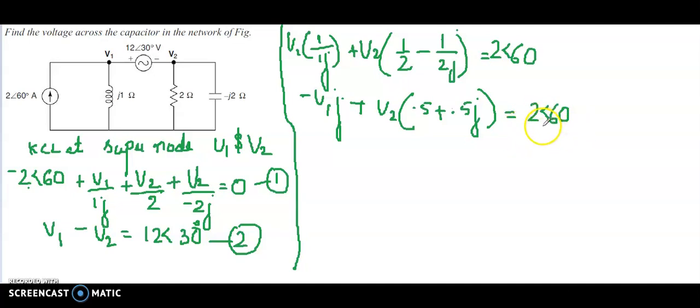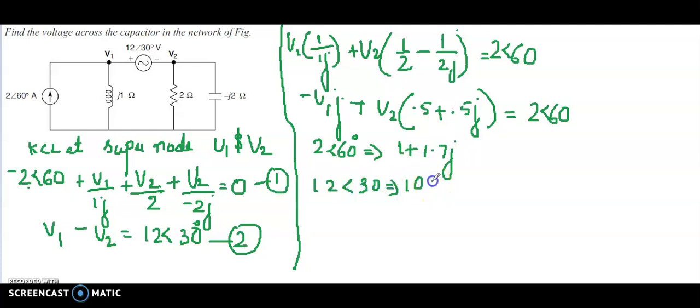So we can convert this 2 angle 60 and 12 angle 30 to rectangular form for calculation. So 2 angle 60 degree in rectangular form, we can write it as 1 plus 1.7j. We can find it using a calculator, and 12 angle 30 is equal to 10 plus 6j.